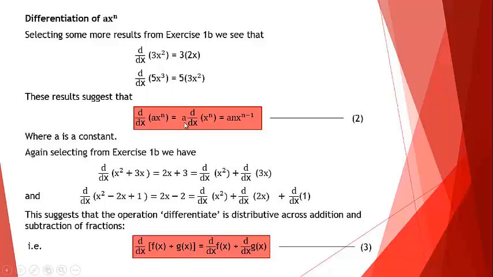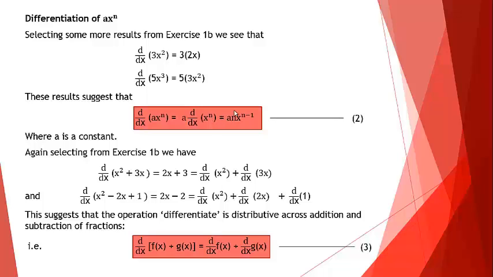So we can take the a out of the derivative, and then we can differentiate the term with the power, so that we get a n x to the power n take away 1. Here we are getting n because of the rule that when we differentiate a power of x, we multiply by that power and then we take away 1 from that power.